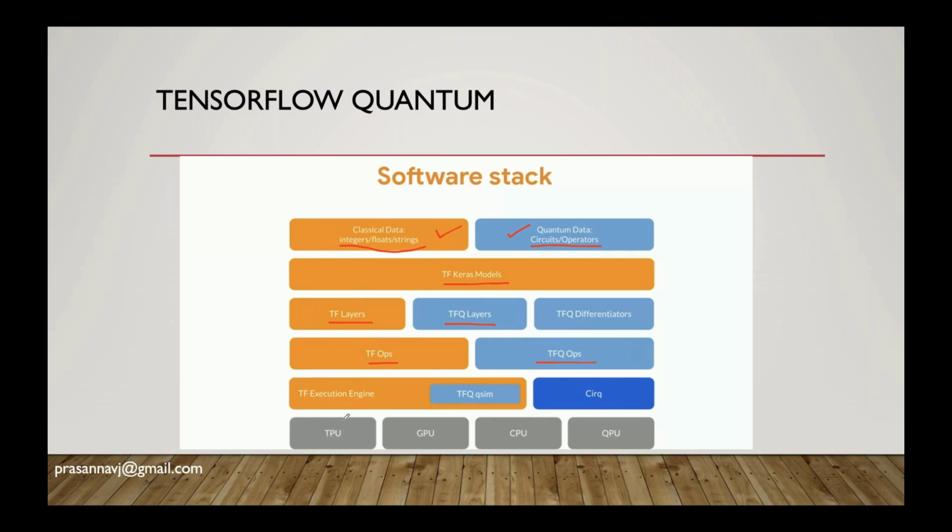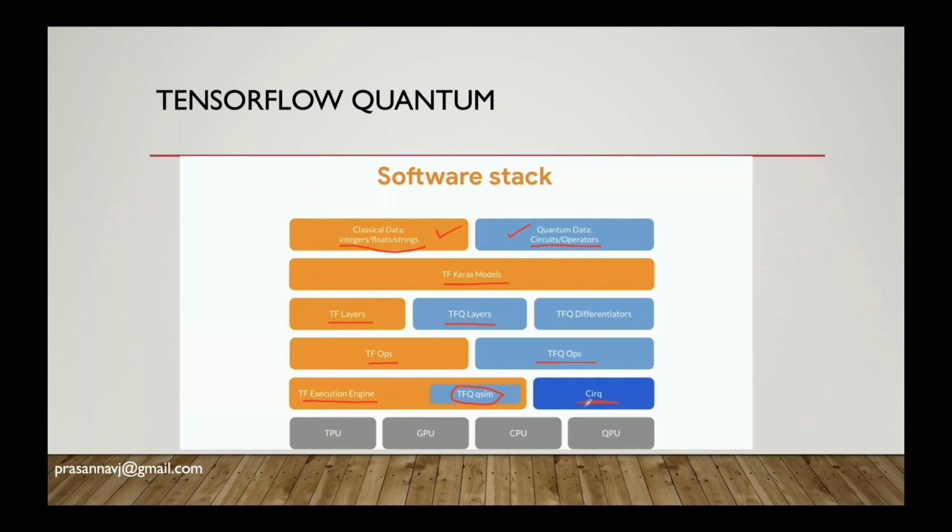And they have a dedicated execution engine for the quantum one as part of your TensorFlow execution engine itself, which is called TFQSim. This is integrated as part of your execution engine. So your typical TensorFlow code will automatically work with the TensorFlow Quantum code as well. And all this is enabled with Cirq as the programming framework.